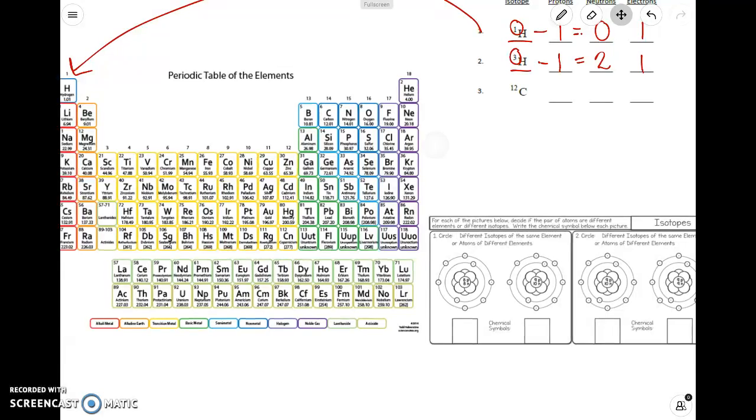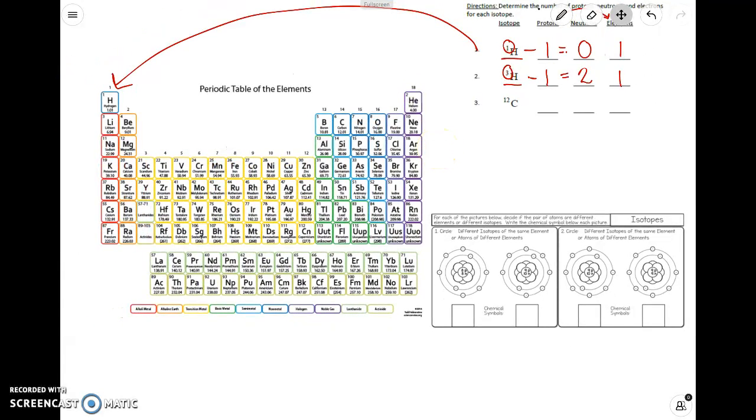On this section, what you're going to do is look at different atoms and their nuclei to see if they are different isotopes of the same element or if they're atoms of different elements altogether. So for this first one, if we look at the nucleus right here, it says that it has 8 protons and 8 neutrons.